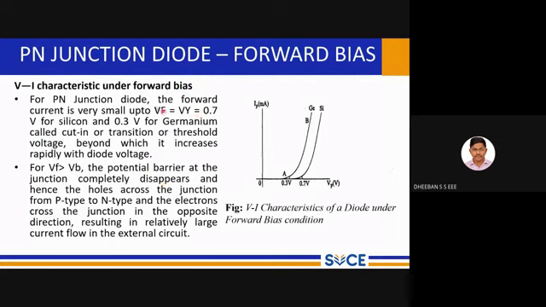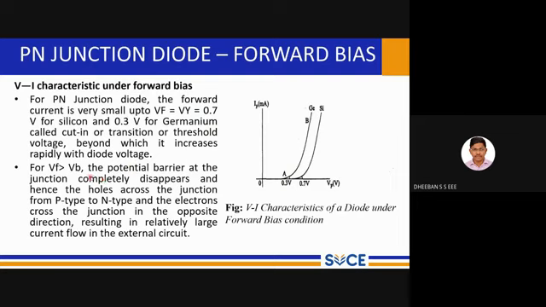But what happens if it goes above 0.3 or 0.7? Then there will be a rise in the forward current IF. This rise will be in terms of milliamps, a very small magnitude.